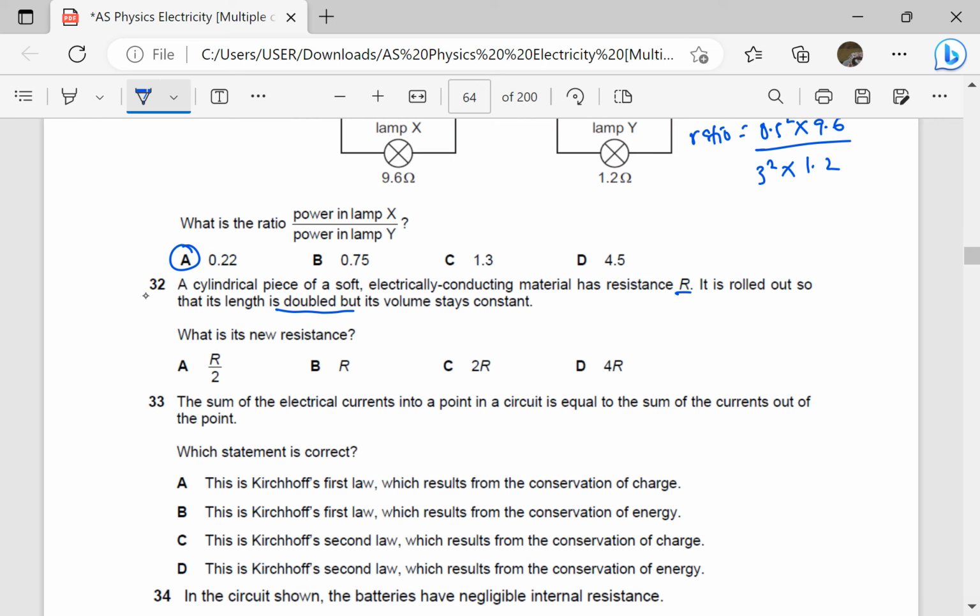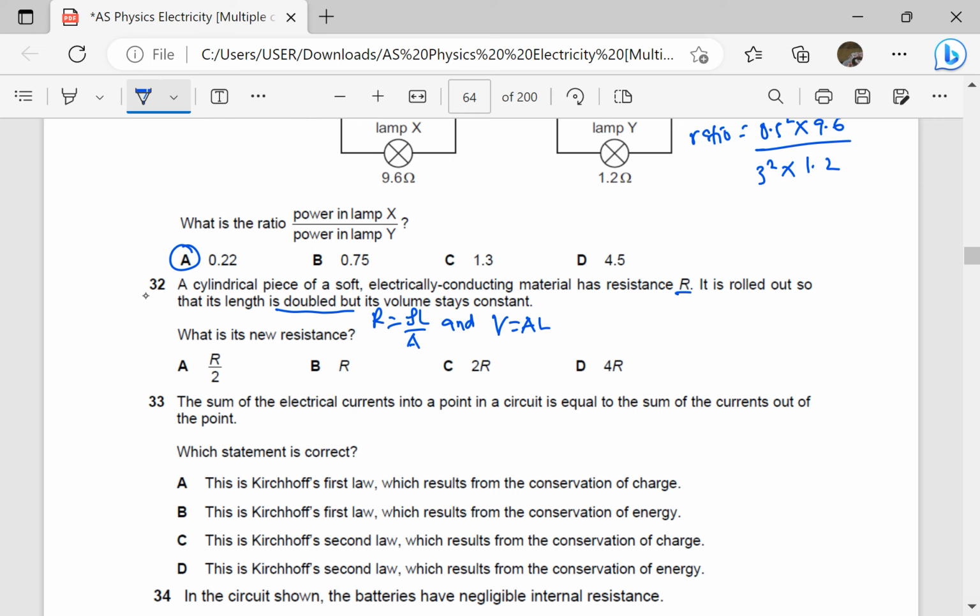We note that resistance R is equal to rho L over cross-sectional area. The volume is staying the same, so I have to look for volume. Volume is equal to cross-sectional area times length.